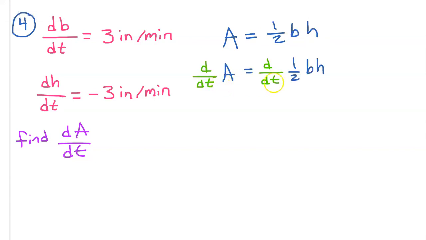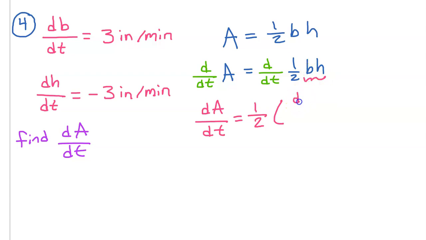Let's take the derivative of both sides of the equation with respect to t so that we can get the dA/dt going. On the left side, we have dA/dt. On the right side, I have this constant in the front. I'm going to go ahead and leave the constant out front, and then I will take the derivative of b times h using the product rule. So the first time through, I take the derivative of b.